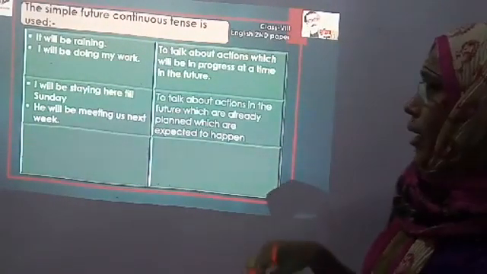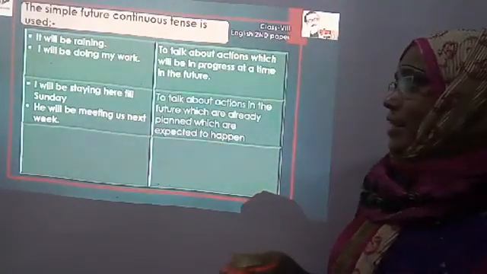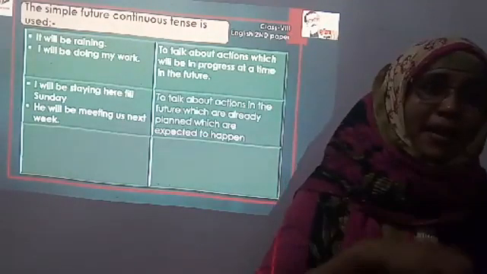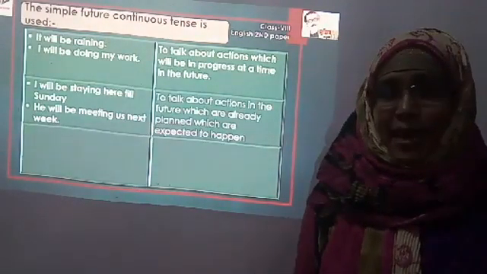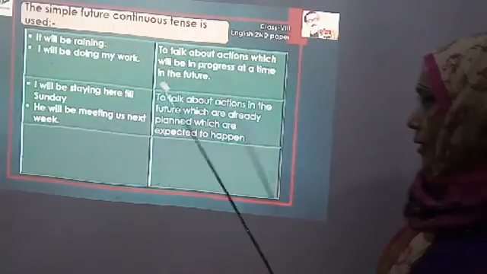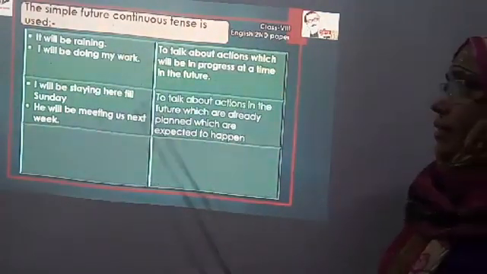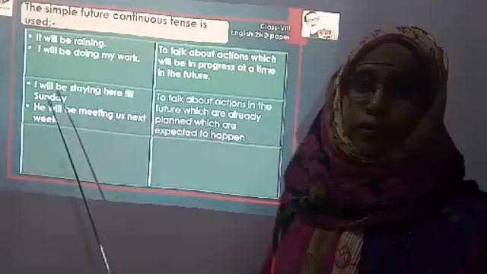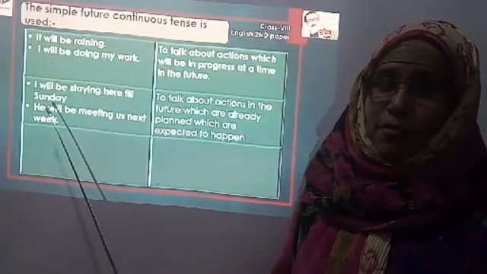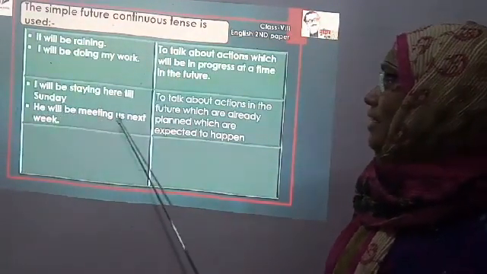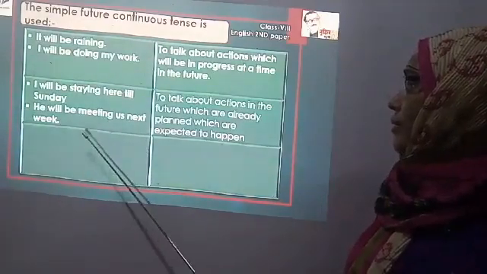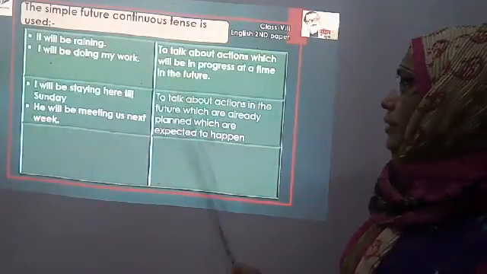My plan, I have already decided and expected to happen. In that case, we will use future continuous form. He will be meeting us next week. That is also the same.